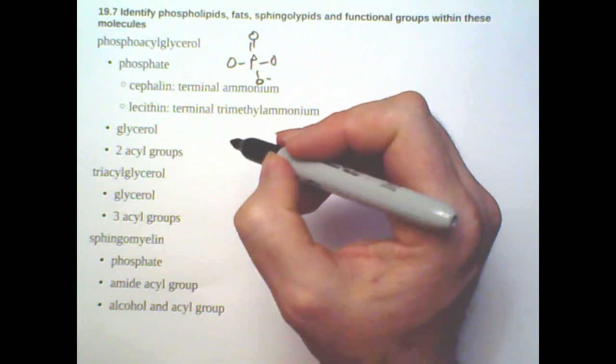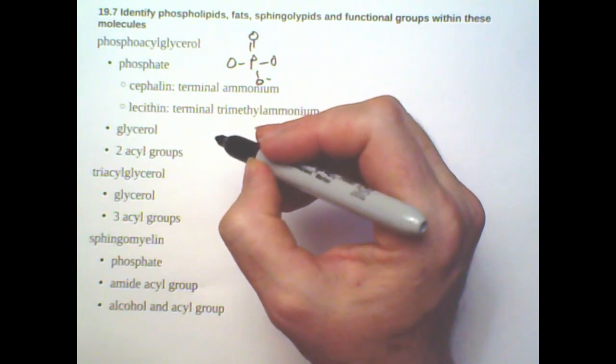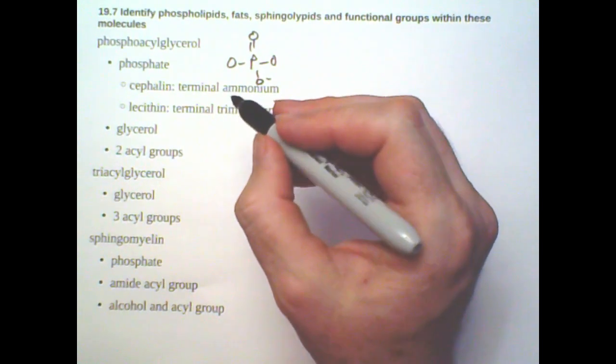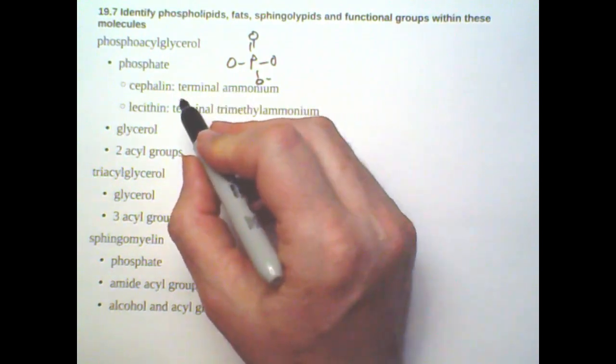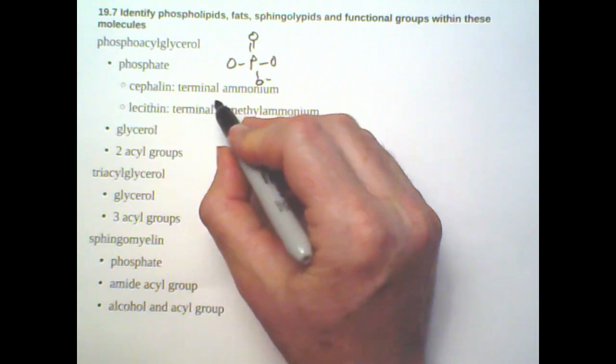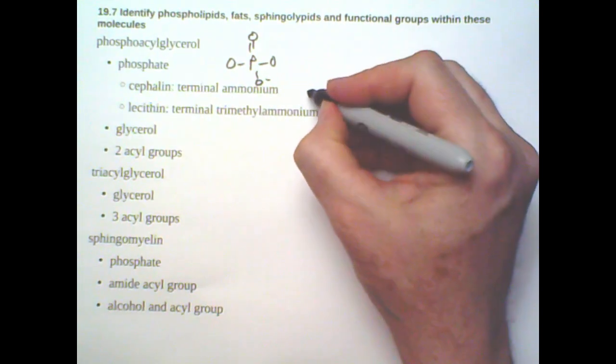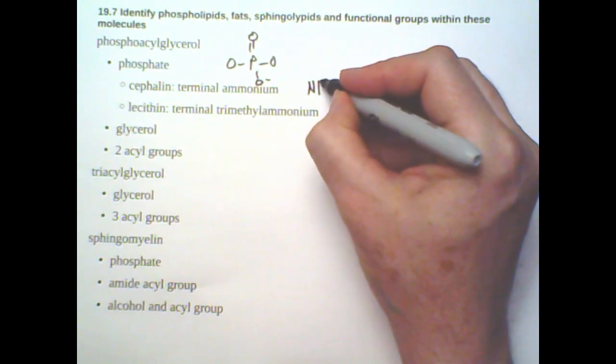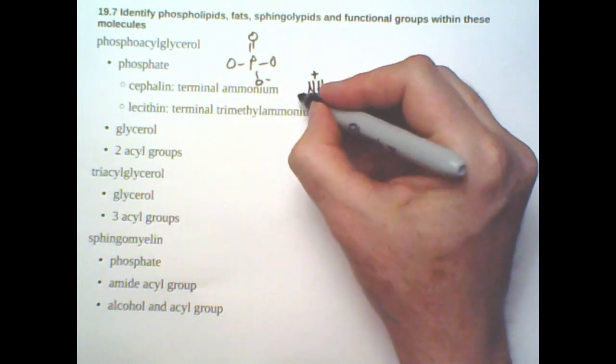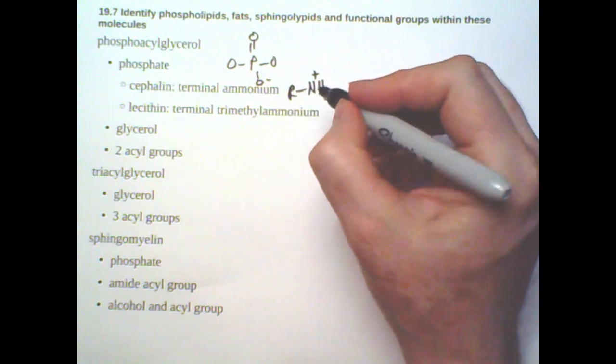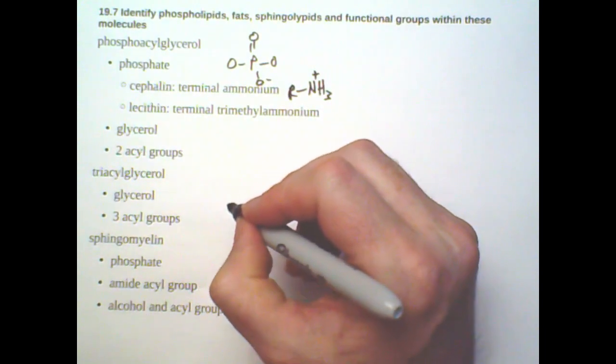They get divided into groups called cephalins and lecithins, and you can recognize those because cephalins have a terminal ammonium group. So we're going to look for an NH3 with a positive charge attached onto one end.